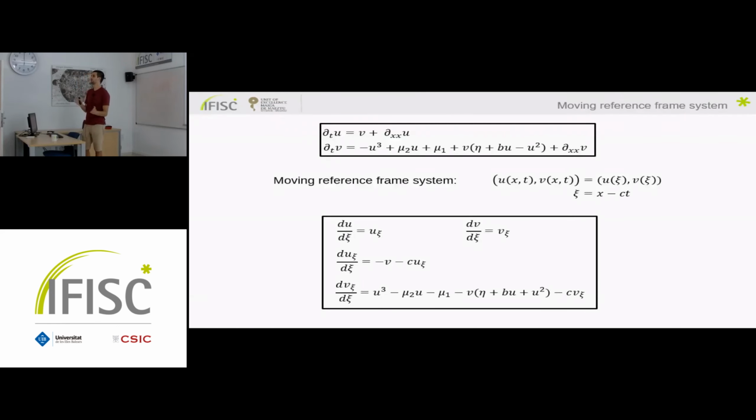This solution travels in space without changing its shape with a given velocity. This is what we call the moving reference frame system.